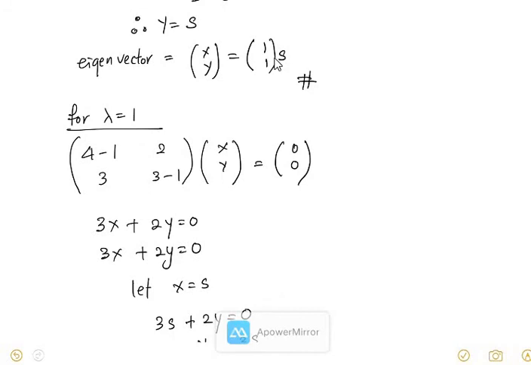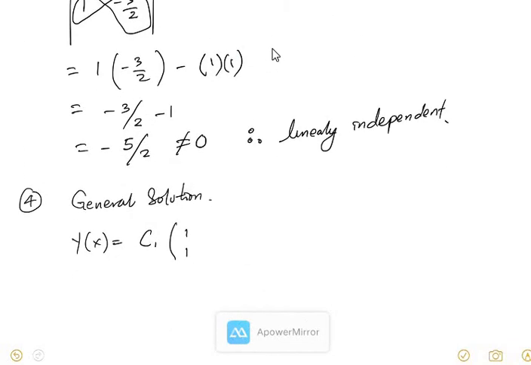Okay, 1 and 1 for lambda equal to 6, right? So you have exponent 6x. So this 6 is for lambda 6 and the eigenvector is 1, 1. And then plus C2 times eigenvector 2, which is 1, negative 3 over 2. And then for lambda equal to 1, so you get exponent 1x.